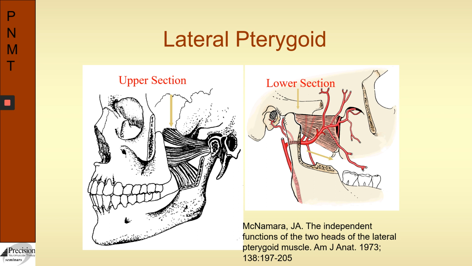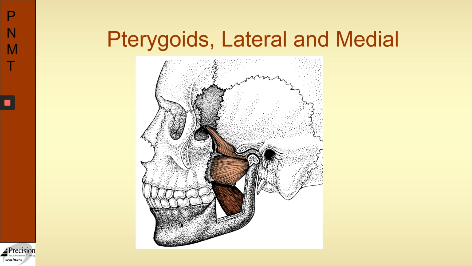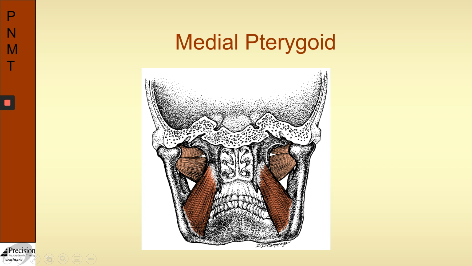Also, the pterygoids, the lateral and medial pterygoid. Here's a picture of the upper section of the lateral pterygoid, and here is the lower section of the lateral pterygoid. This is the medial pterygoid below that, which is an often overlooked and very, very strong closer of the jaw, and has its own set of symptoms.